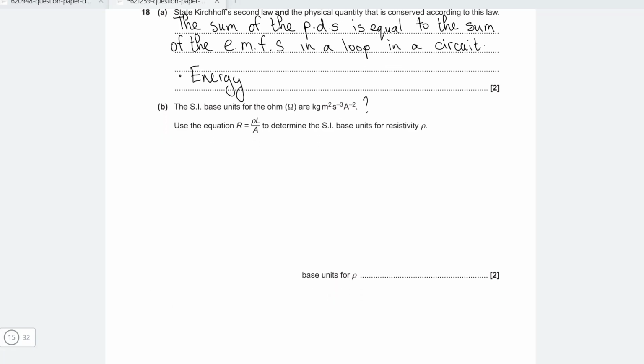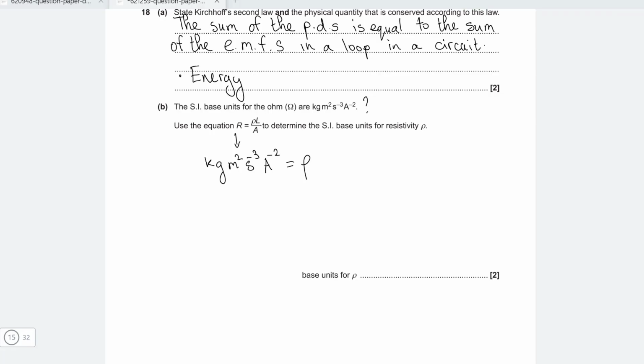Anyways, so we're already given this, and we are given that the unit for the ohm, remember resistance is measured in the ohm, so we can say that kilograms meters squared s to the power of -3 a to the power of -2 is equal to the resistivity.